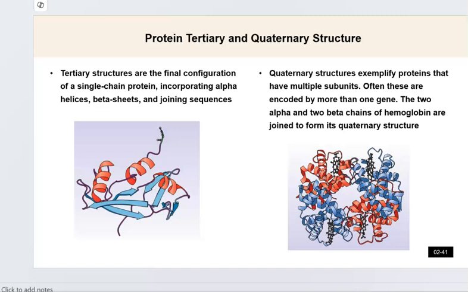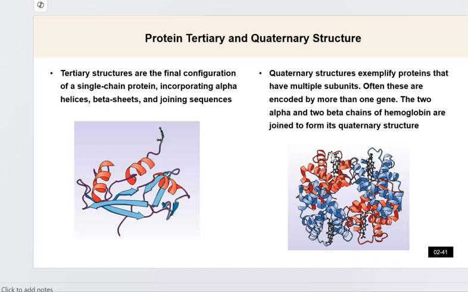So the example is the oxygen-carrying protein hemoglobin, which is a tetrameric protein as it's made of 4 subunits. Each subunit consists of globin protein and the heme. The heme is represented in gray here, and it is a form of porphyrin that contains an iron atom in its center that is responsible for oxygen binding, right?